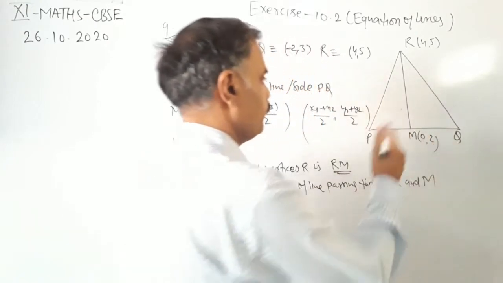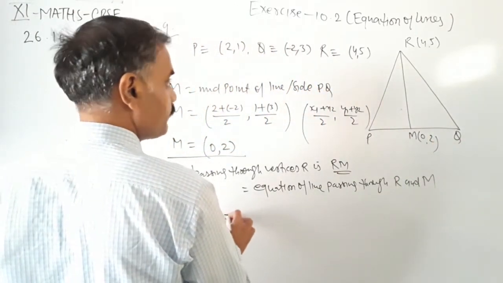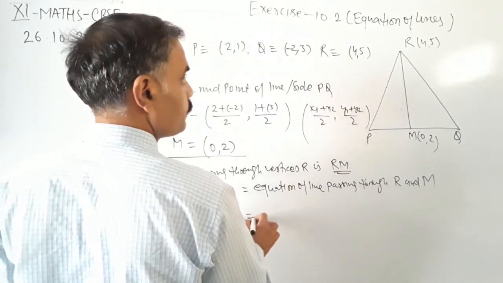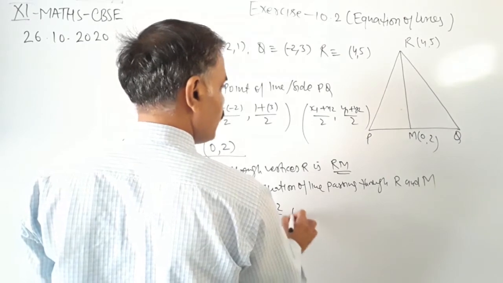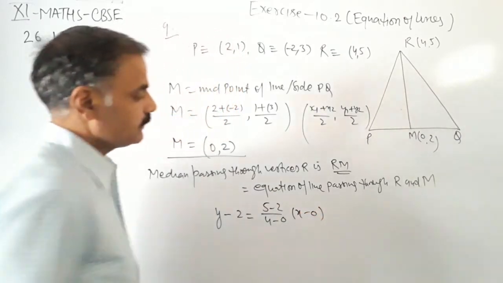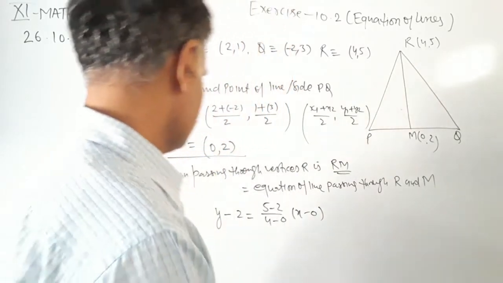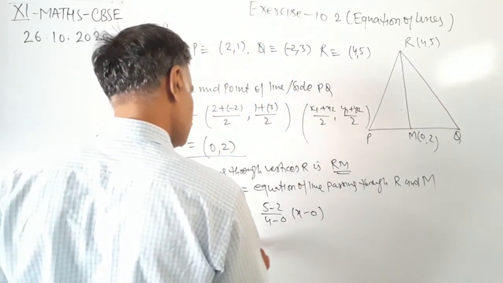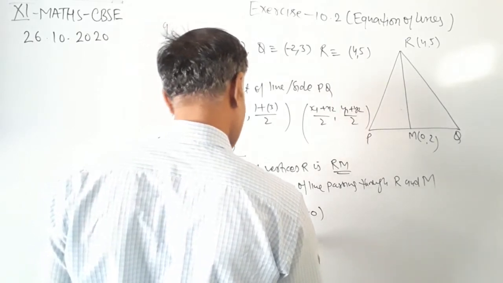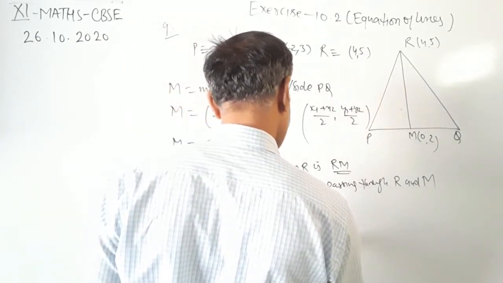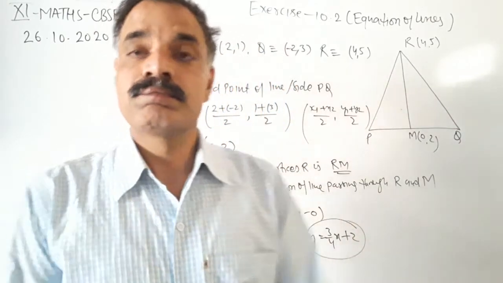Using the two-point form, y minus y1 equals (y2 minus y1) upon (x2 minus x1) into (x minus x1). So y minus 2 equals (5 minus 2) upon 4 into x, that is, y equals 3 upon 4 into x plus 2. This is the equation of the line.